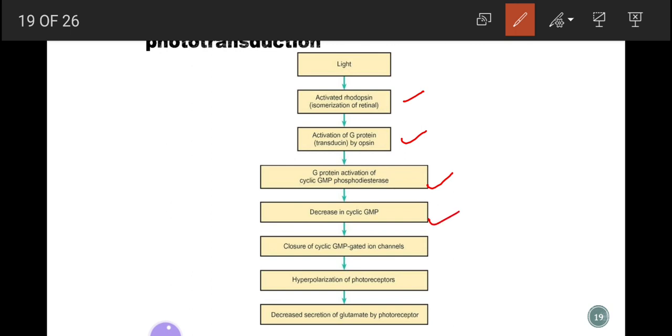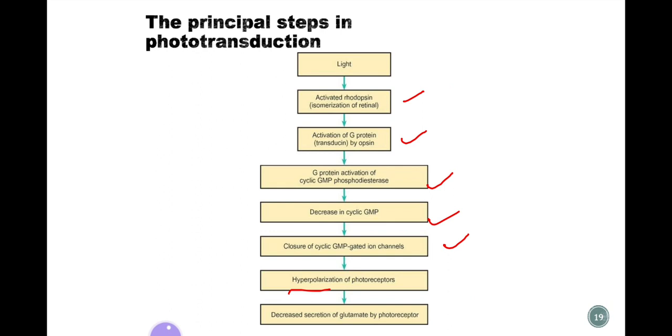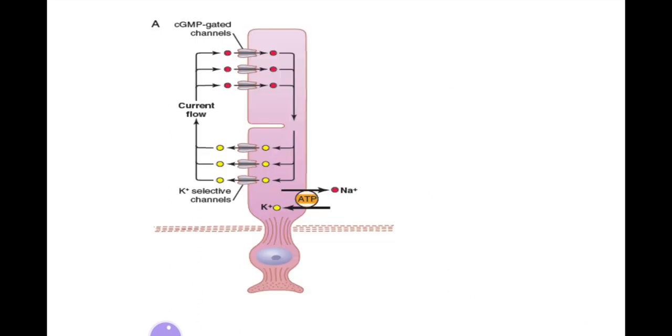The decrease in cyclic GMP results in the closure of the cyclic GMP-gated ion channels, mainly the sodium channels. That leads to hyperpolarization, that is, increased negativity inside the photoreceptors, so there is decreased secretion of glutamate by the photoreceptors.